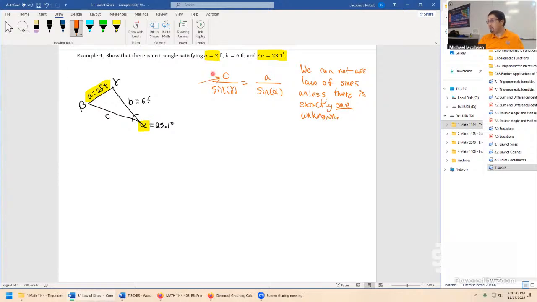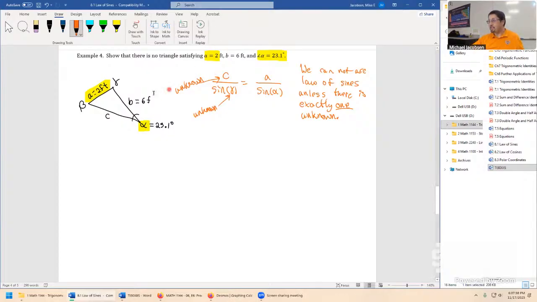And here's the problem. Both C and alpha, so sine alpha as well, are unknowns. So we can't start the problem out just like we did on example 3 at all.